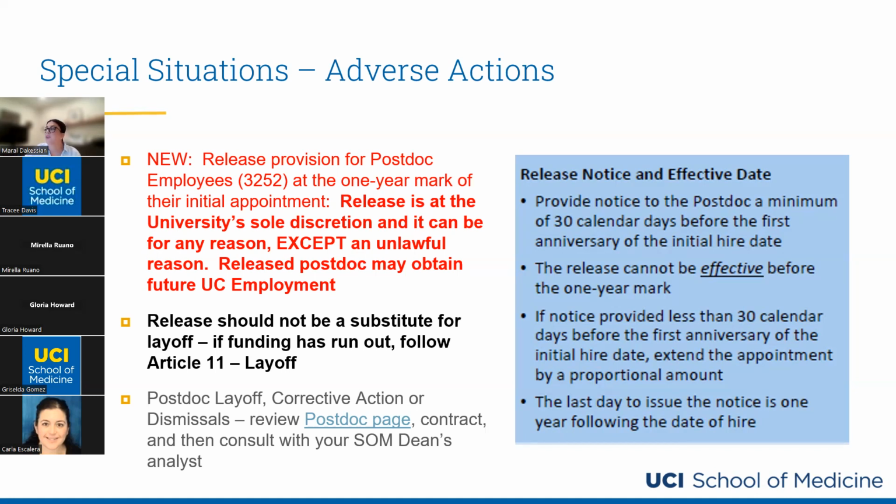I hope that wasn't too confusing how I said it, but basically the department can let them go for a good cause, a lawful reason, within that first year time frame, and they have to notify the postdoc 30 days before the end of their appointment.